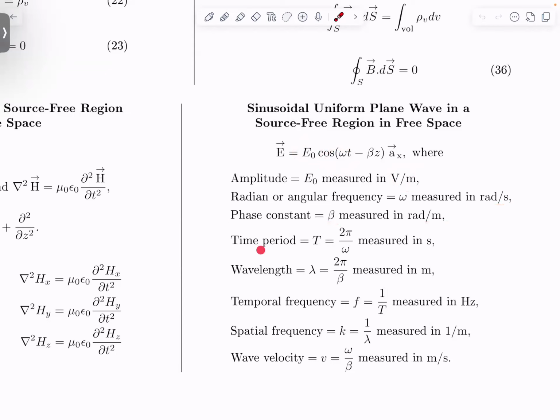And then it's oriented in the y direction, so it will be ay. So we know the form for the electric field from the problem statement, but what we don't know are alpha, beta, omega, E naught.